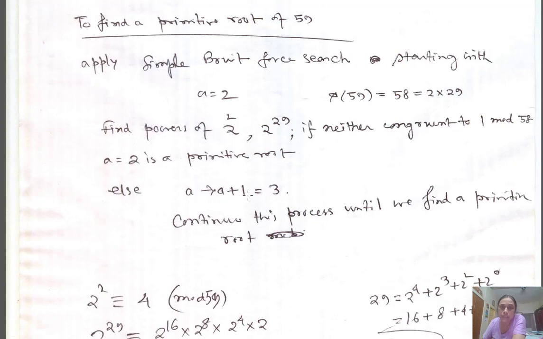We apply the same experiment on 3, checking 3 squared and 3 to the power 29. In this case I don't have to go beyond 2 because we are successful in our first attempt. Sometimes you have to go for 3, then 5, like that.